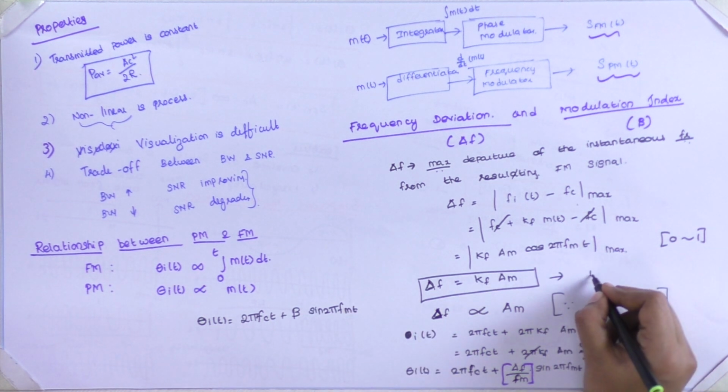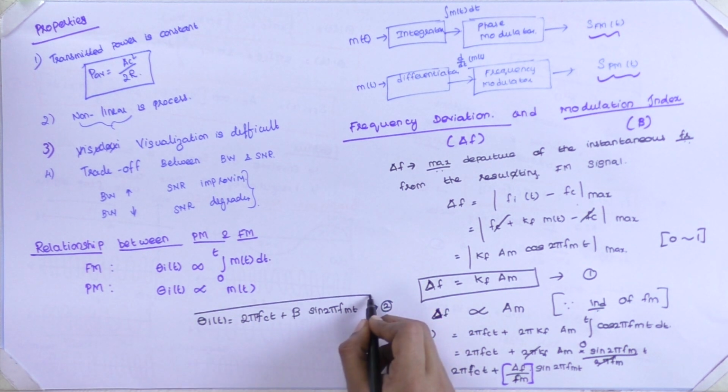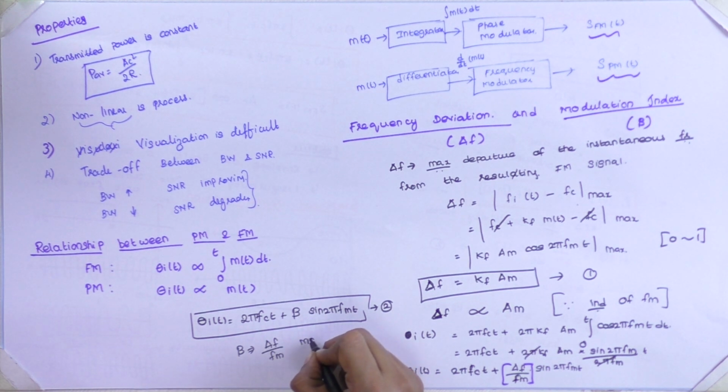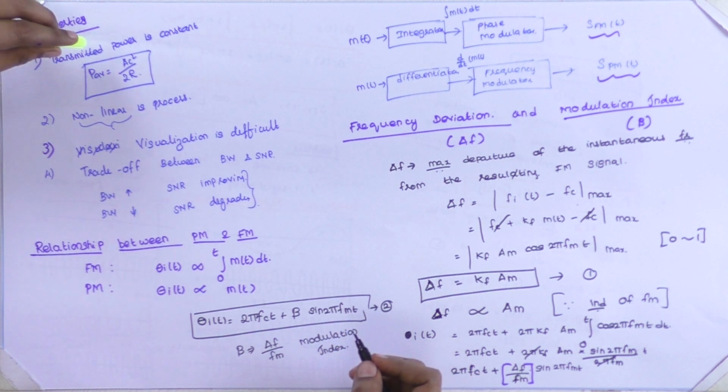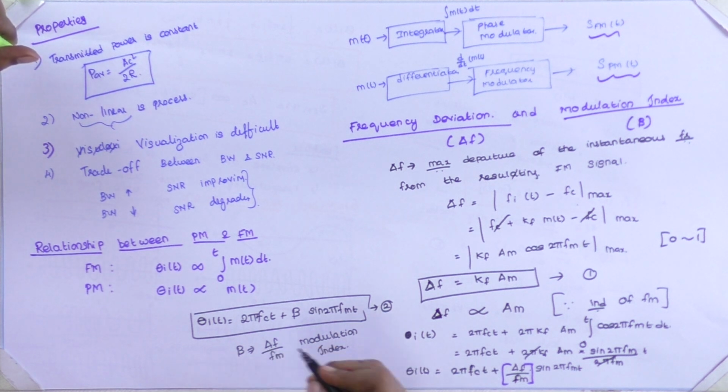This we can take as equation number 1 and this as equation number 2. This beta is the modulation index, del f by Fm. Depending upon the beta value, that is the modulation index value, we can characterize our frequency modulation into narrowband frequency modulation and wideband frequency modulation.